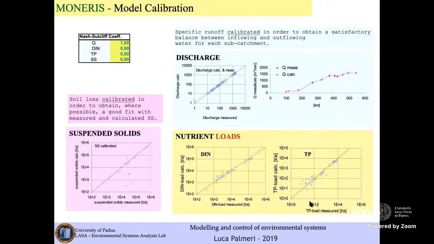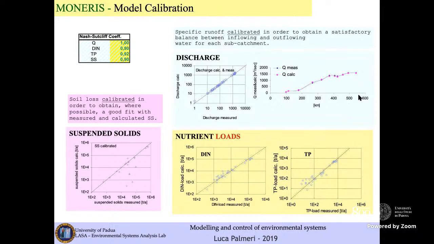By doing this subdivision, we start with the first calibration, and the first step in the calibration procedure is that of calibrating discharge. You may look, these are one-to-one pictures. So this is the discharge measured and discharge calculated by the model.